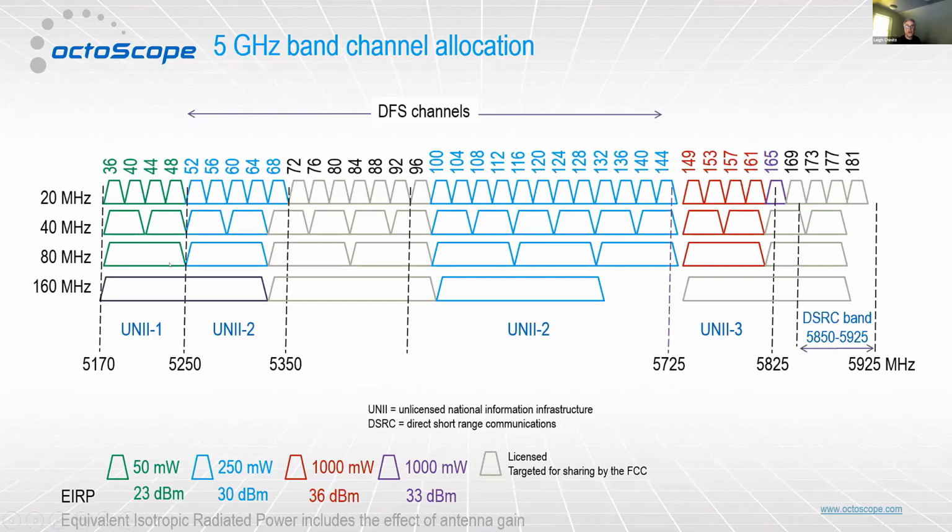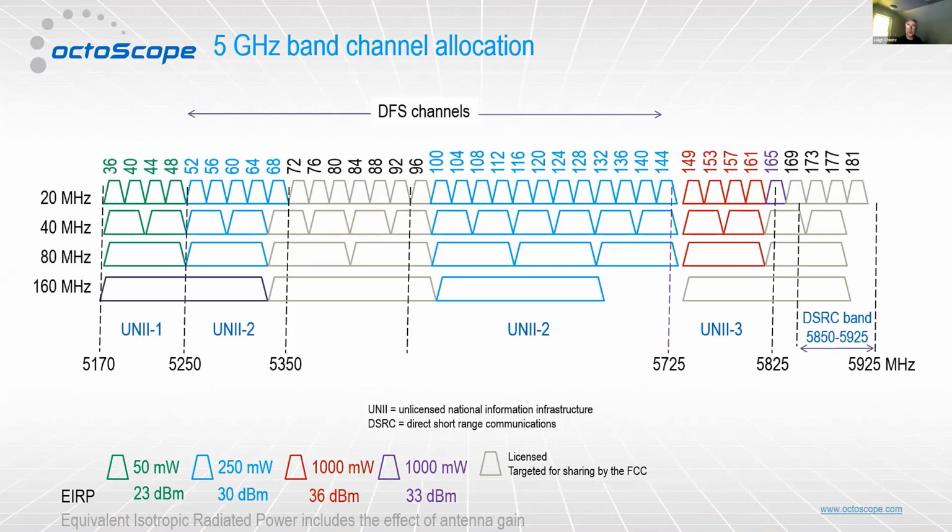The low one, UNII-1, is only allowed in the United States for indoor operation, and the transmit power is lower than the other ones. It's 50 milliwatts, whereas UNII-2 is 250 milliwatts, and UNII-3 is 1,000 milliwatts. So very different powers are allowed in each one, meaning that the transmitter side of our link budget equation is going to be very different.